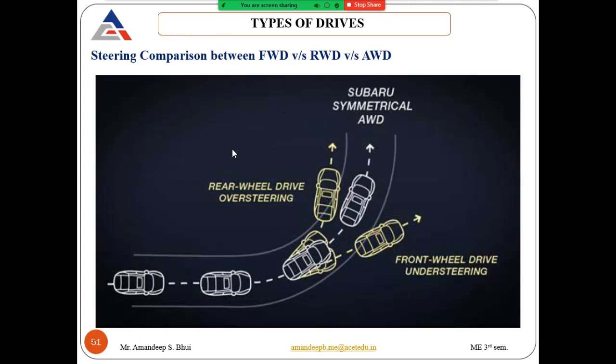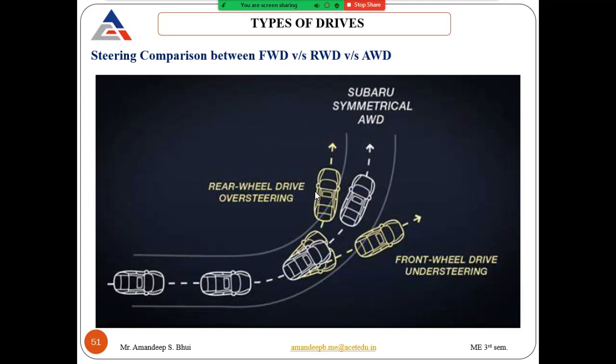Now in this diagram, you can see the difference between using front wheel drive, rear wheel drive, and all-wheel drive. All-wheel drive in a turn is smoother compared to rear wheel or front wheel drive. In rear wheel drive, if you move the steering, it will oversteer.